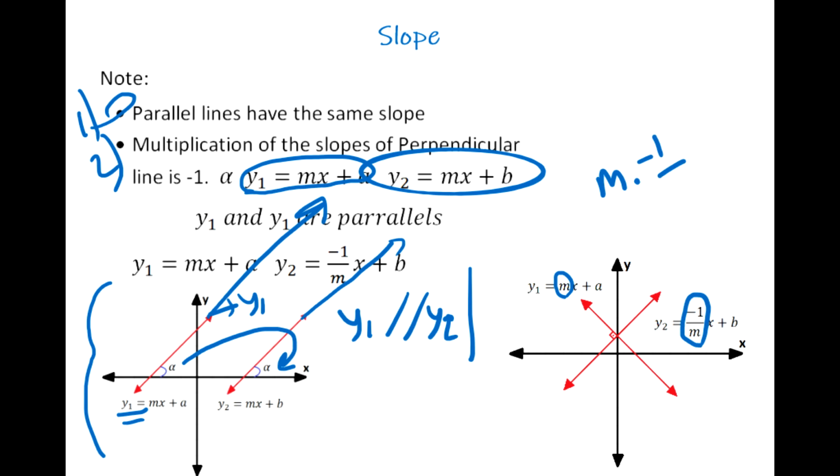So if you multiply those slopes, these are gone, so the result is negative 1, guys. So as a result, in perpendicular lines where this angle is 90 degrees, they intersect at an angle of 90 degrees, so those lines are perpendicular to each other.